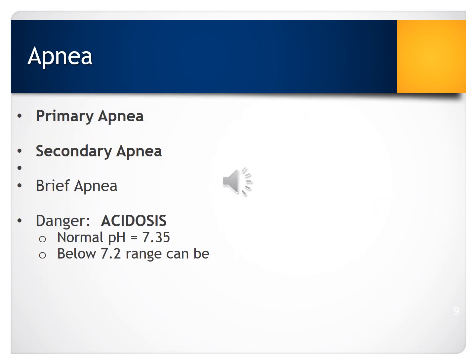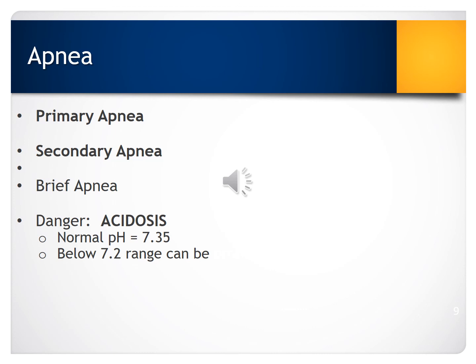Because breathing is new to the newborn, there may be periods of apnea where there is no breath, and it can be broken down into primary apnea and secondary apnea. Primary apnea is when there's no first breath, but it responds to stimulation.